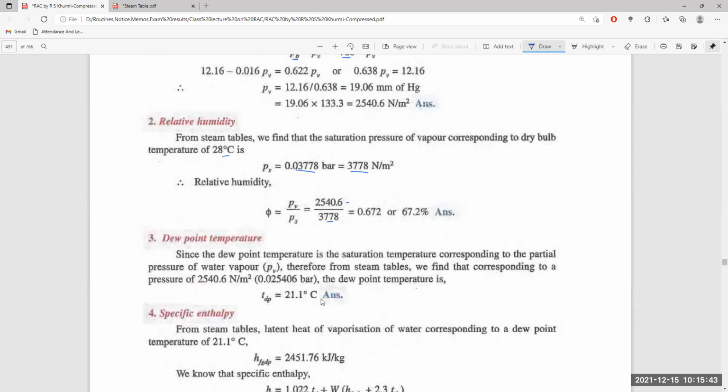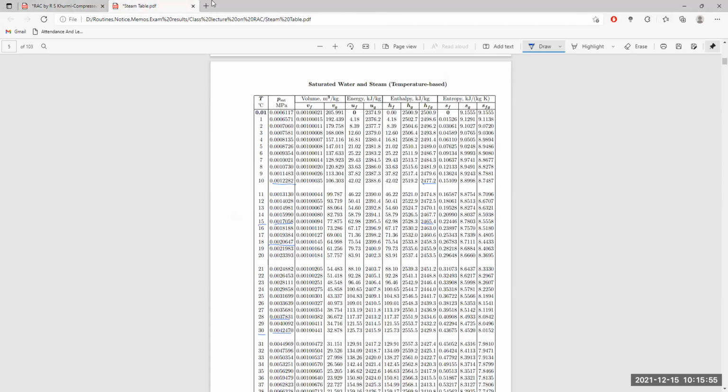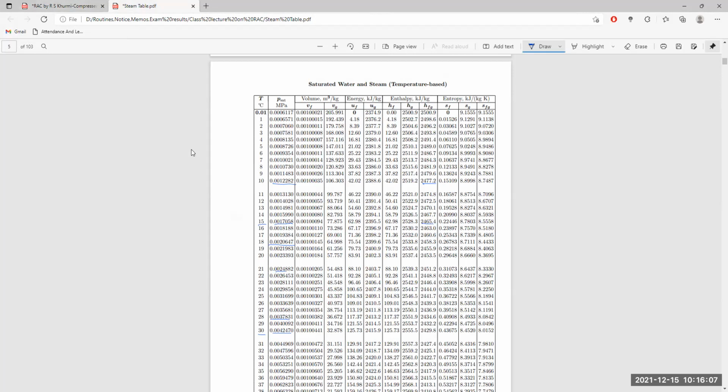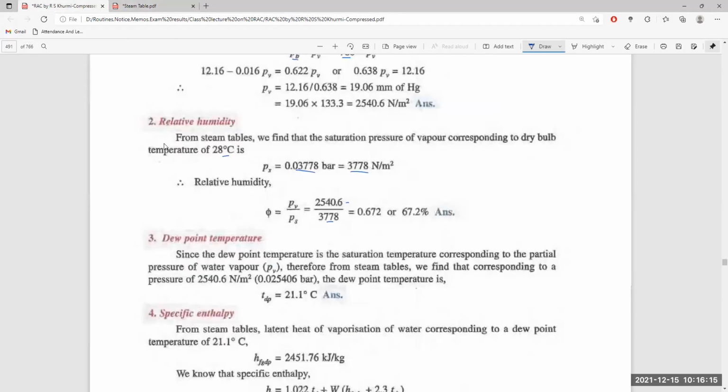So corresponding to pressure 2540.6 Newton per meter square, that is 0.025406 bar, the dew point will be 21.1 degrees centigrade. It is 21.1 degrees centigrade, the dew point temperature.